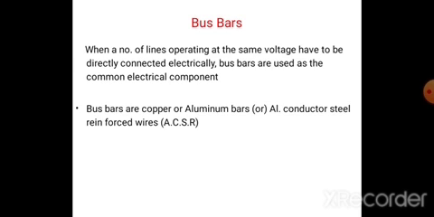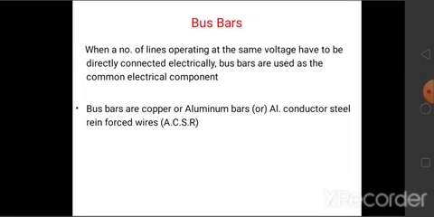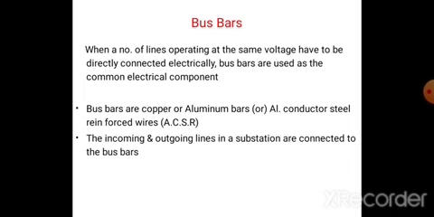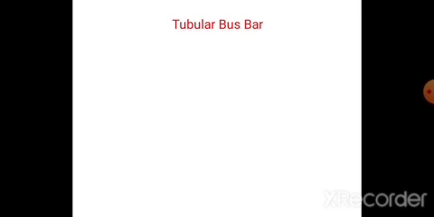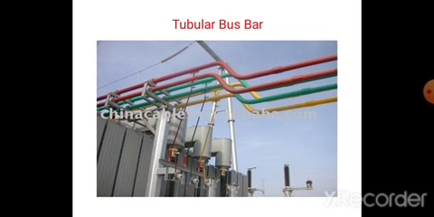The bus bars are copper or aluminum bars, or ACSR conductors, aluminum conductor steel reinforced. The incoming and outgoing lines in a substation are connected to the bus bars. The conductors to which several sources or feeders are connected are known as bus bars. They carry heavy current. These are the tubular bus bars.